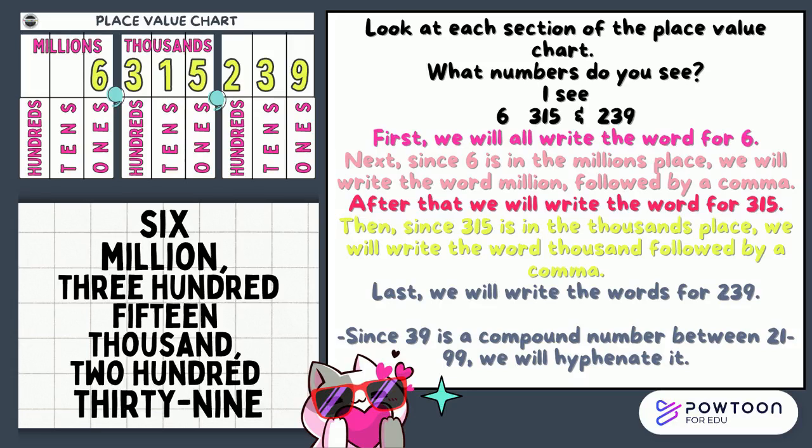After that, we will write the word for 315. Then, since 315 is in the thousands place, we will write the word thousand followed by a comma.